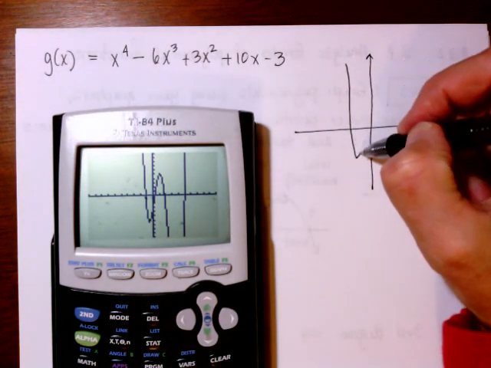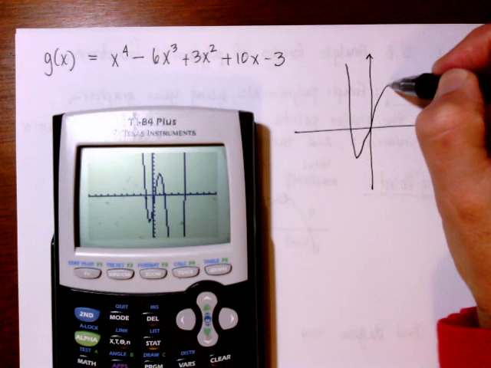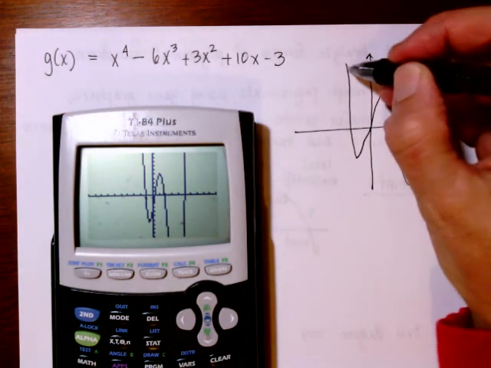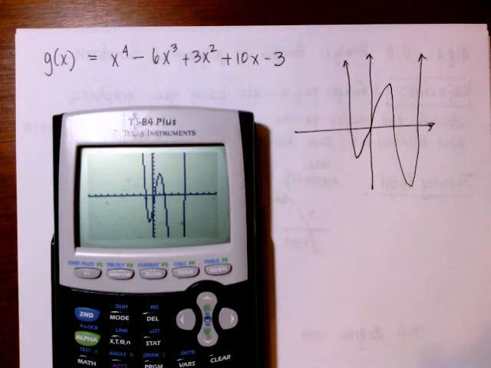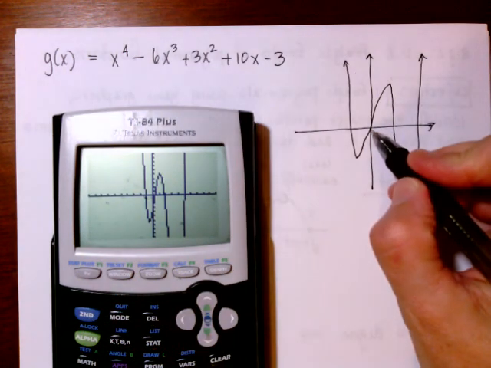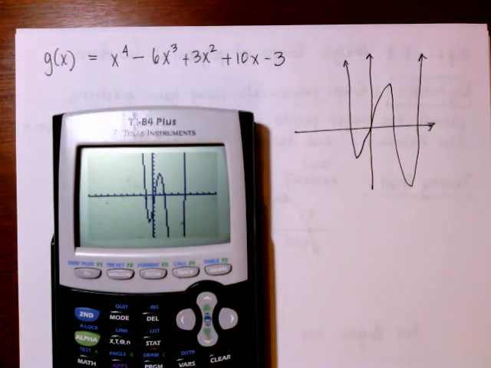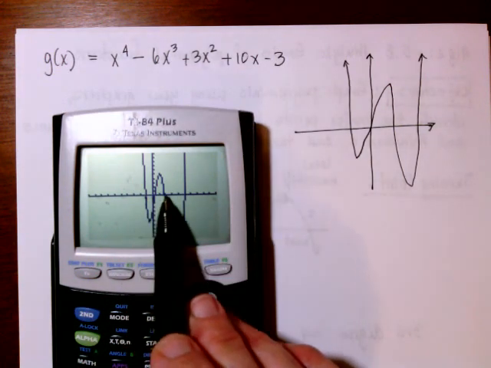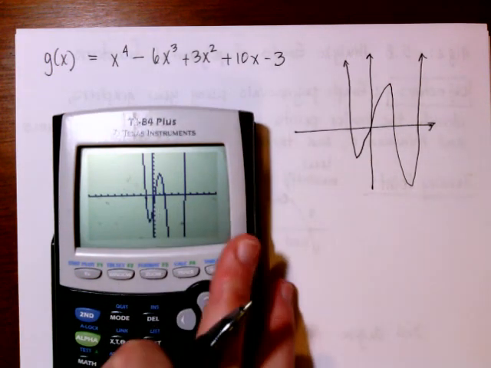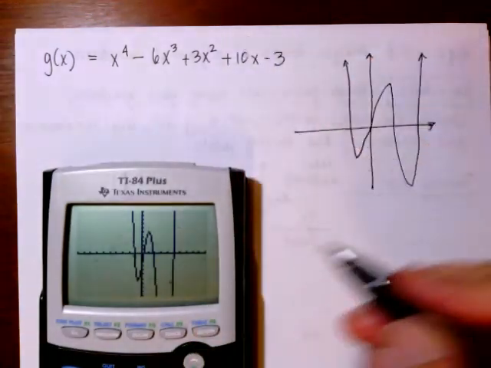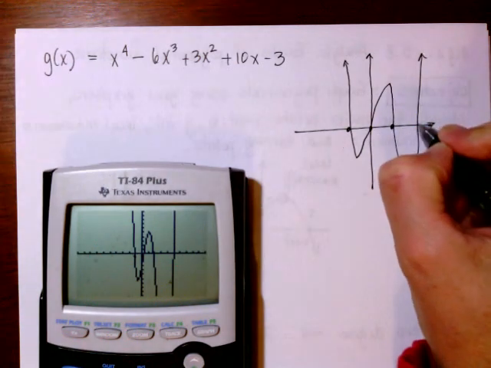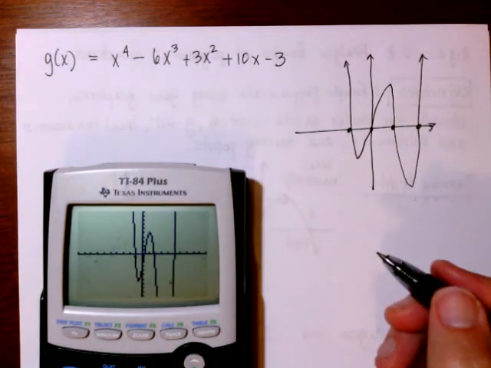So if I sketch my graph, it appears to go kind of through there, down here, and then up. Alright, so there's the sketch of my graph. This point's probably not going through the origin, but we'll find it. Alright, so it's a 4th degree polynomial, and I have 1, 2, 3, 4 zeros. Lucky me. Alright, so I'm going to start finding those zeros. I'm going to put my points of intersection on my graph.